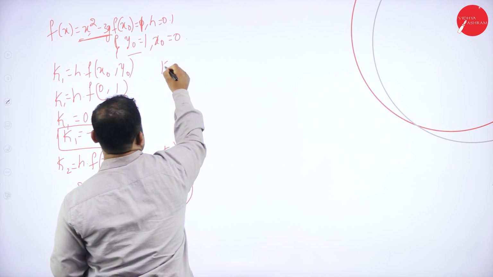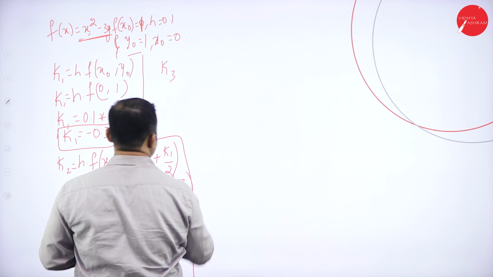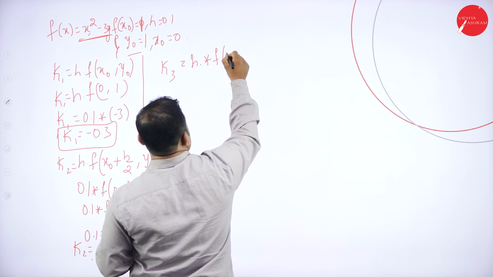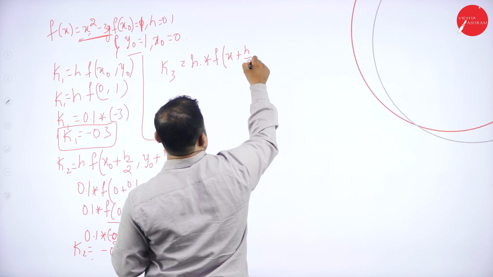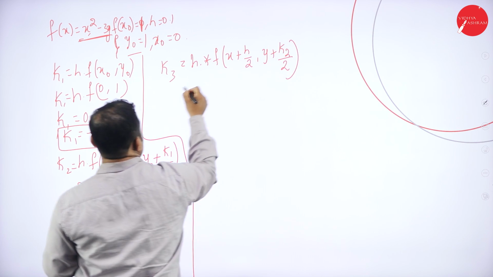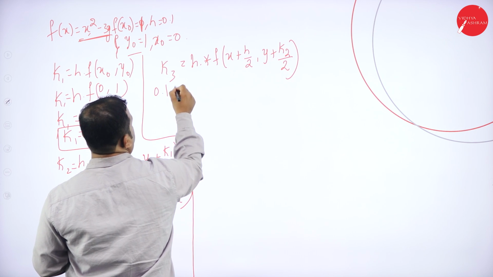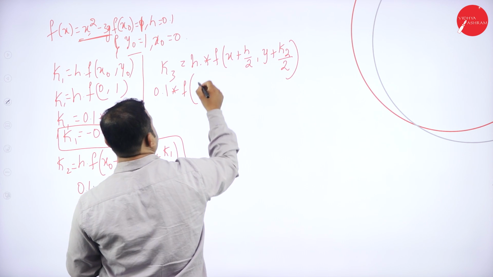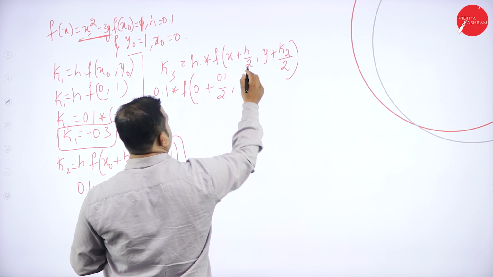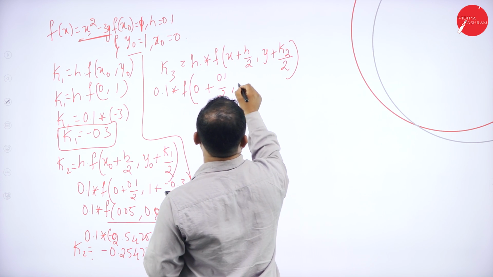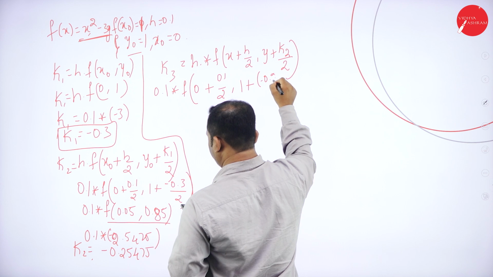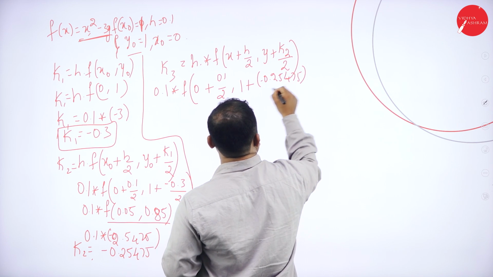What is the value of k3 then? k3 is equal to h into f of x0 plus h by 2 comma y0 plus k2 by 2. If that is the case, h is 0.1 star f of, x0 is 0, plus h, that is 0.1 by 2, comma y0, which is 1, plus k2, which is minus 0.25475, divided by 2.